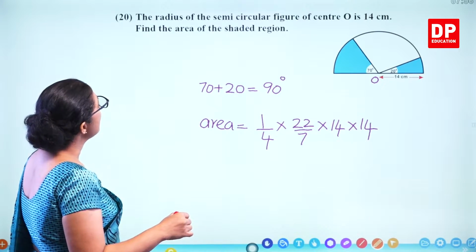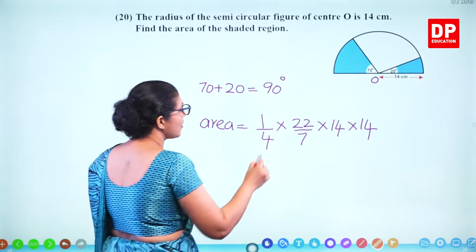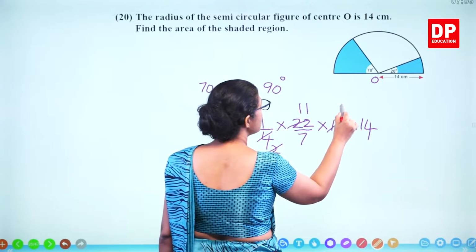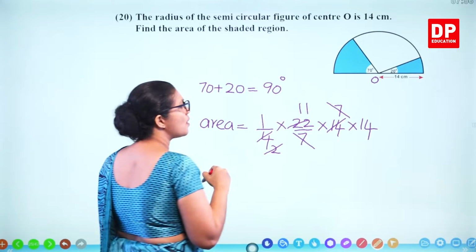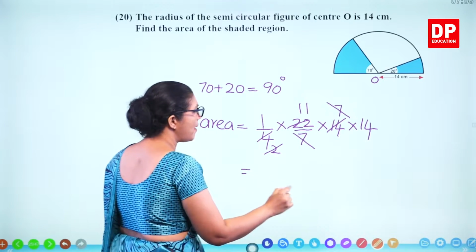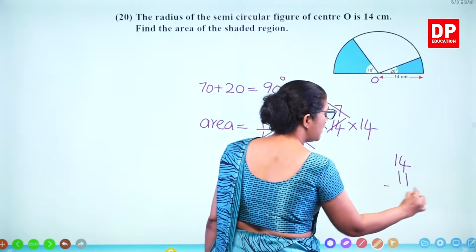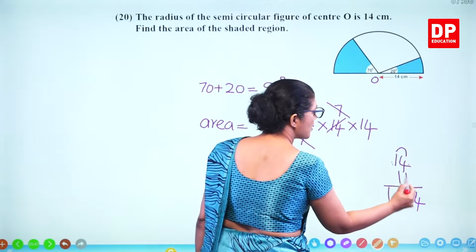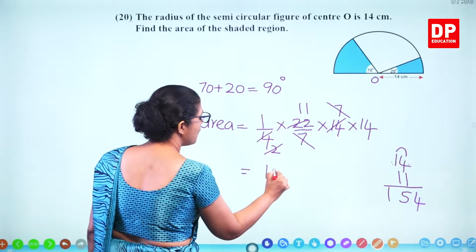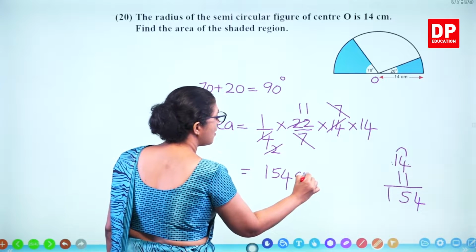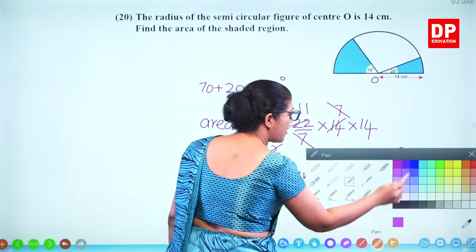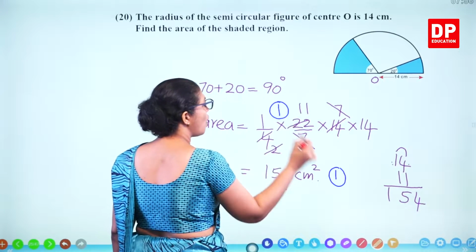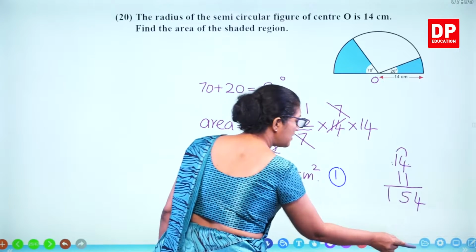So that's the area of the shaded region. 2 times 2, 2 times 11, and this 2 with this 7, and 7 with this one get cancelled out. How do you multiply by 11? 14 into 11. We write down the first and the last number separately and add them. 4 plus 1, this is 5. So 154 square centimeters is the area of the shaded part. So 1 mark here and 1 mark for finding the angle 90 degrees.